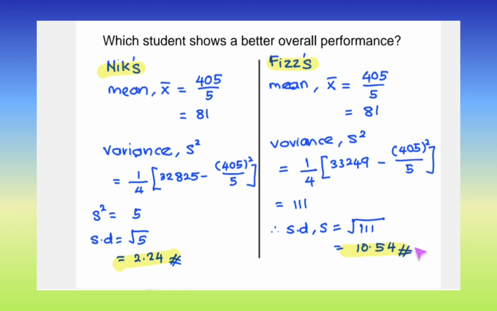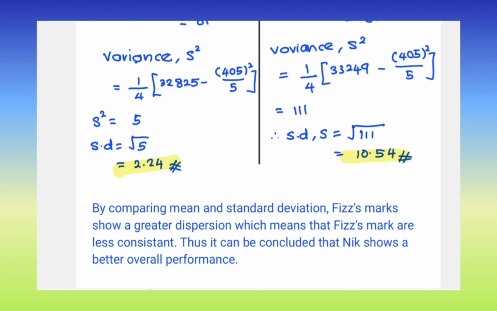If we compare here, the standard deviation of Fish is bigger than Nick's. So by comparing mean and standard deviation, Fish's marks show a greater dispersion, which means that Fish's marks are less consistent. Fish's marks show a greater dispersion because it has the bigger value of standard deviation. Thus, it can be concluded that Nick shows a better overall performance.